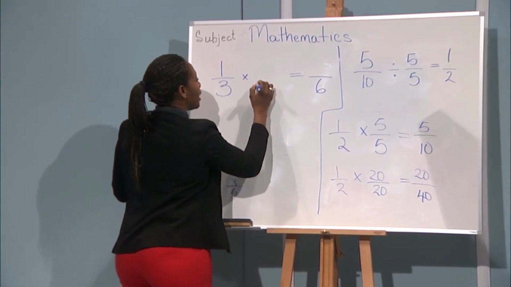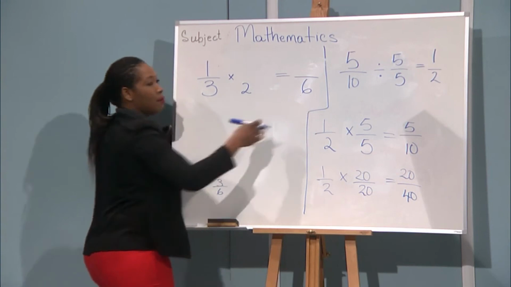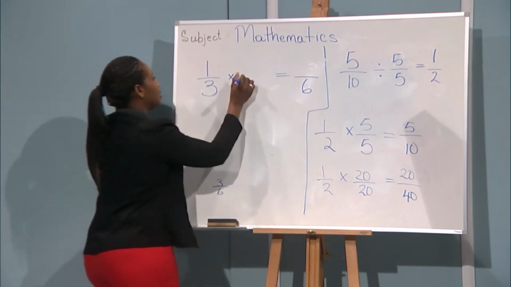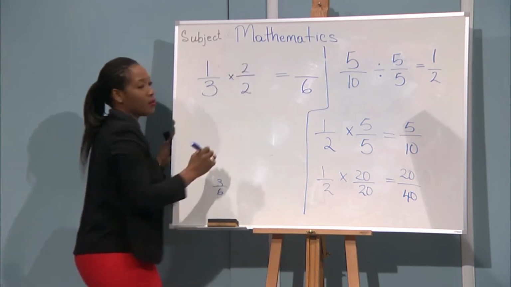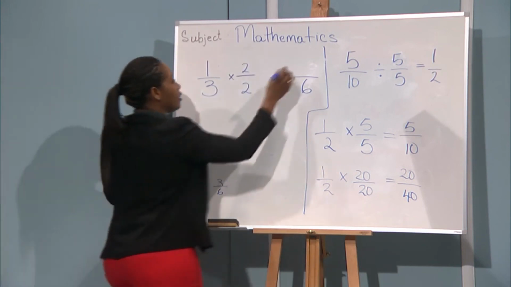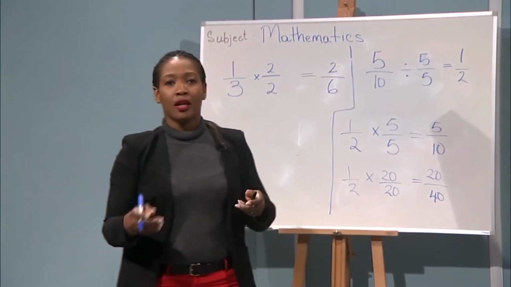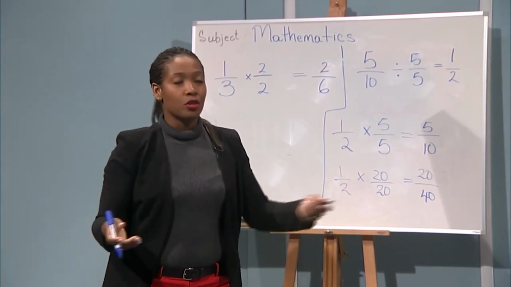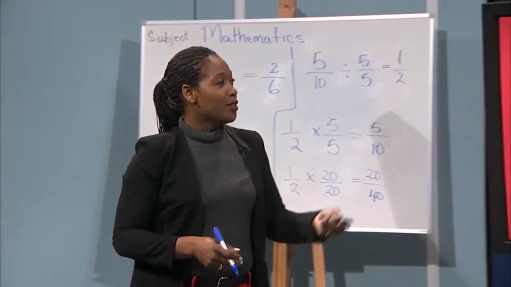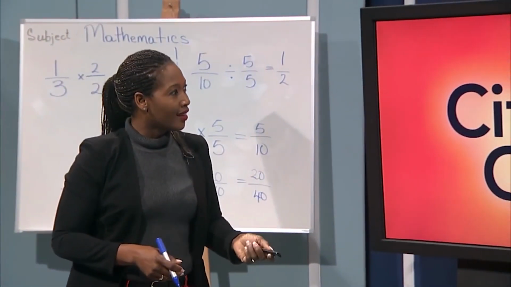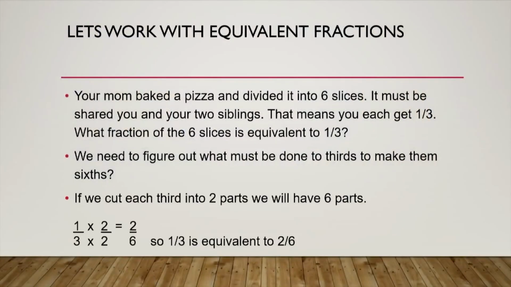But please remember, whatever you do to the denominator must also be done to the numerator. So we also have to multiply that 1 by 2, giving us 2/6. So what we're saying, 2 of those slices is equivalent to 1/3. So if you get 2 slices, you would have eaten 1/3 of the pizza. All right. So we need to figure out what must be done to the thirds to make it 6. We did that. Awesome. So 2/6.